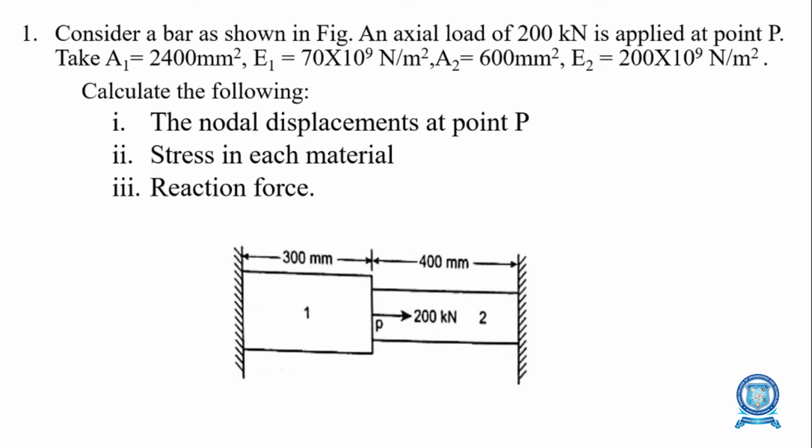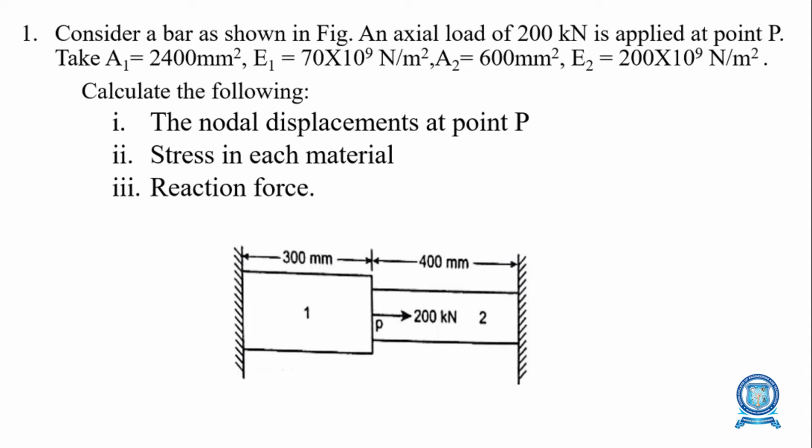Now I read the question. Consider a bar as shown in the figure. An axial load of 200 kilonewton is applied at a point P. Take A1 equal to 2400 mm square, E1 equal to 70 into 10 to the power 9 Newton per meter square.